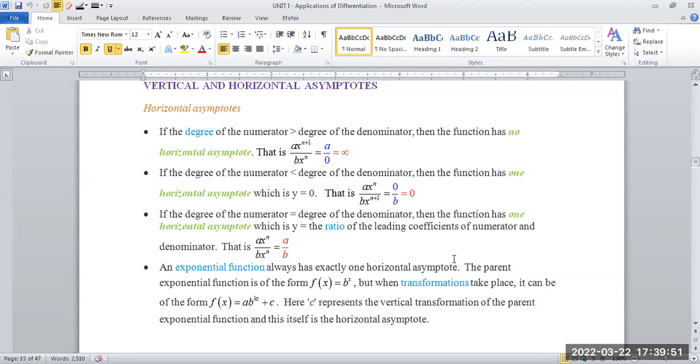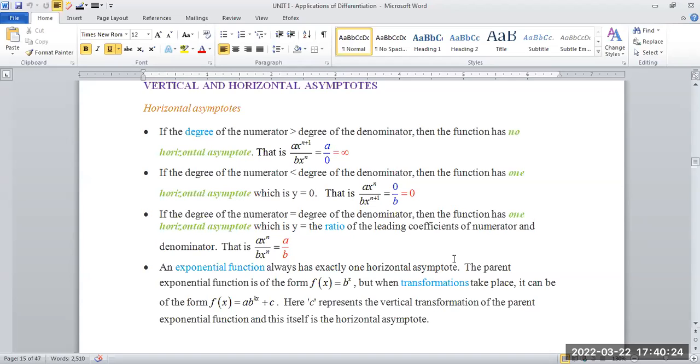So you'll have one horizontal asymptote when the limit of the function works out to a number or a fraction or 0. Once it works out to infinity, it means that you have no horizontal asymptote.